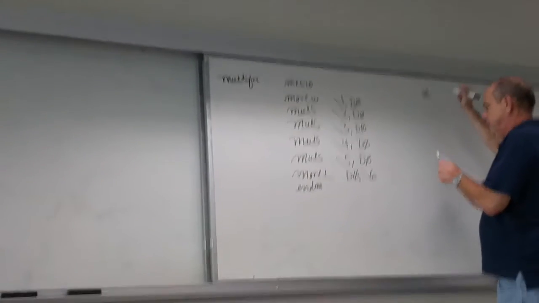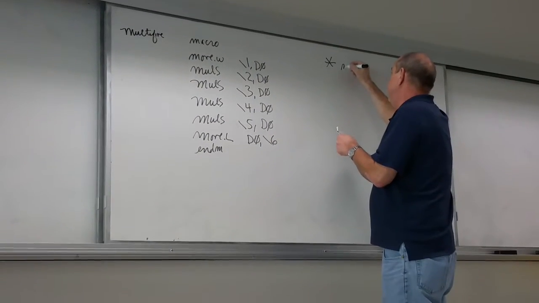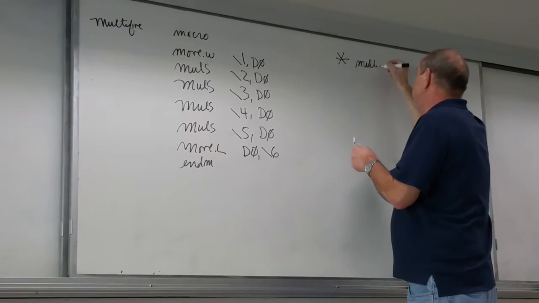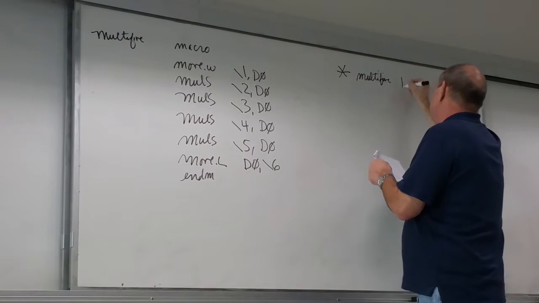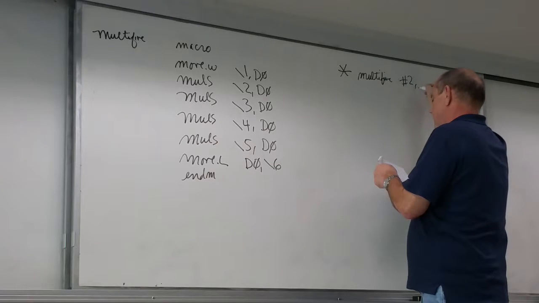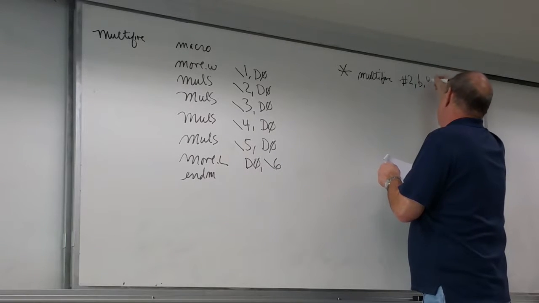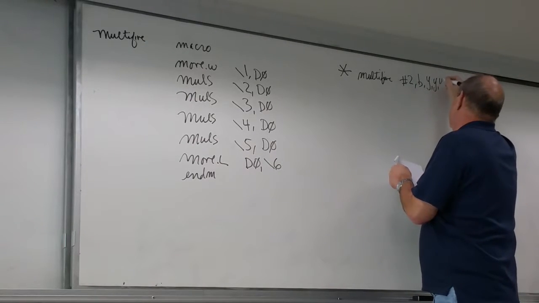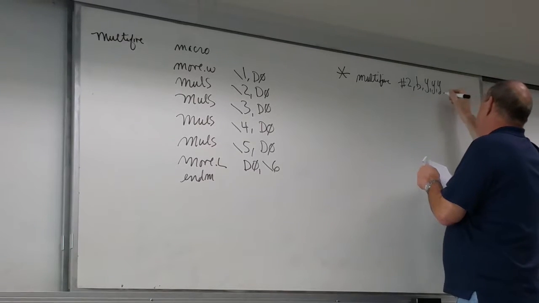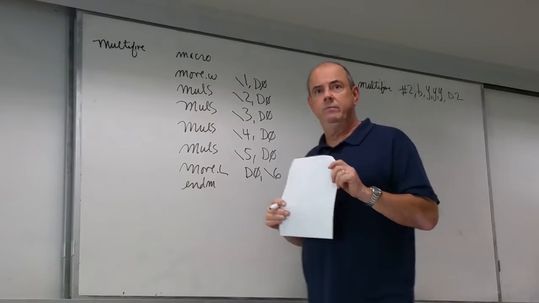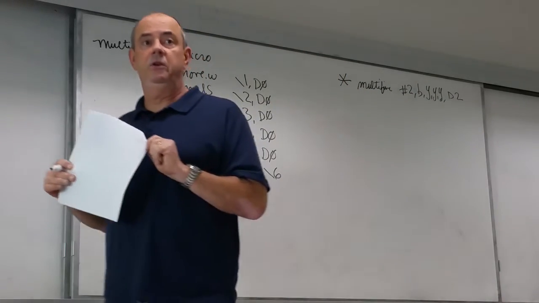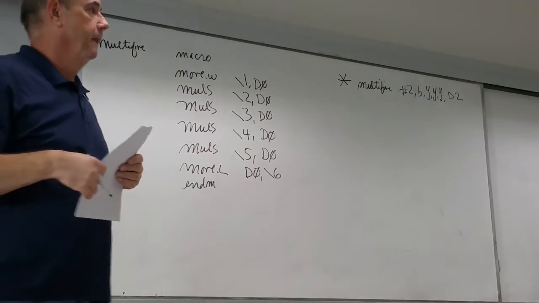Of course, in the expansion phase, you commented it out. And we have multi-5, $2, B, Y, Y, Y, B2. Now B and Y are labels in the program that have values, 2, 6, whatever they might be.